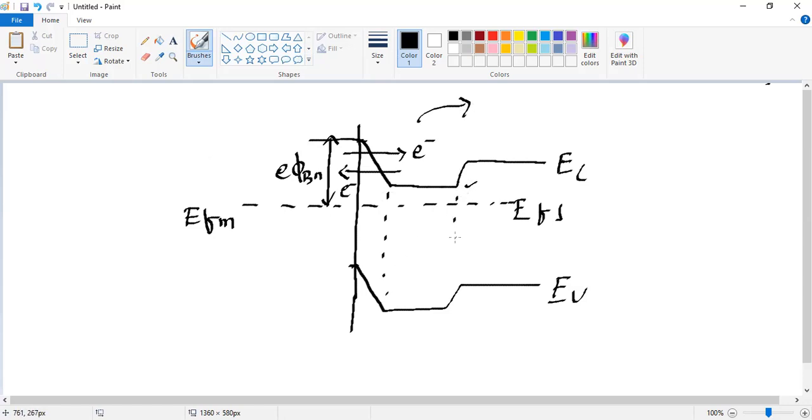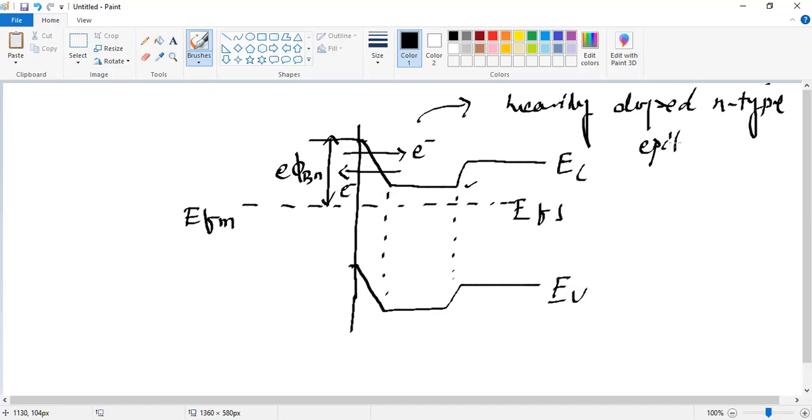That gives you an N-type doped epitaxial layer, so it is a heavily doped N-type epitaxial layer. It is designed knowingly so that tunneling can happen easily. The electrons can move from the semiconductor side to the metal side and from the metal side to the semiconductor side.